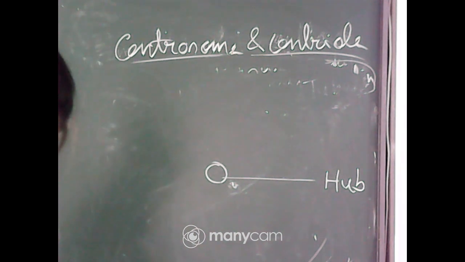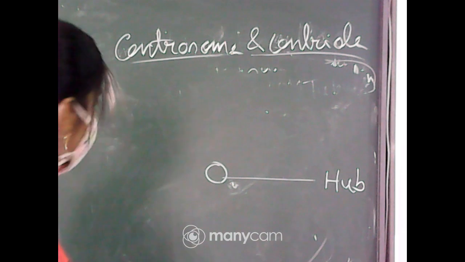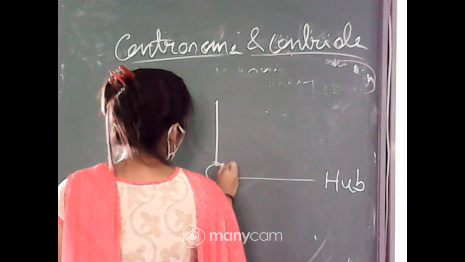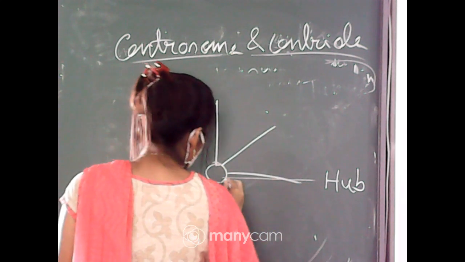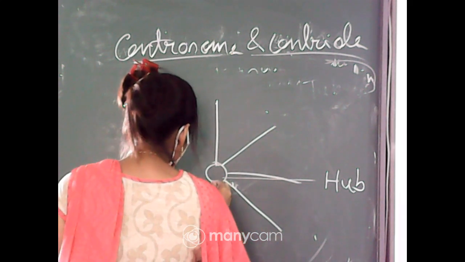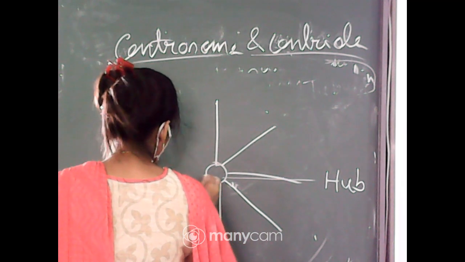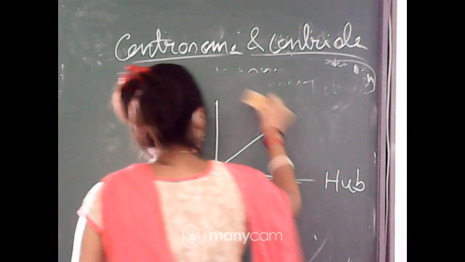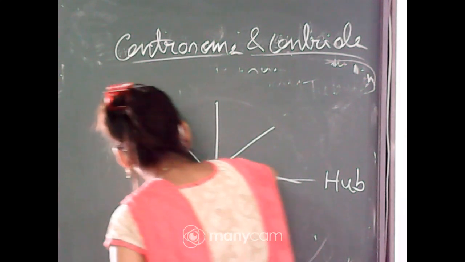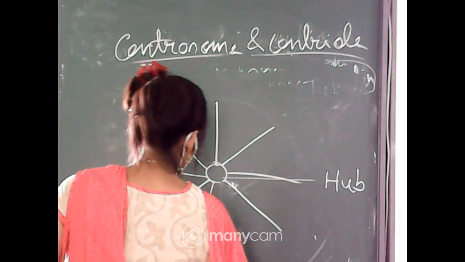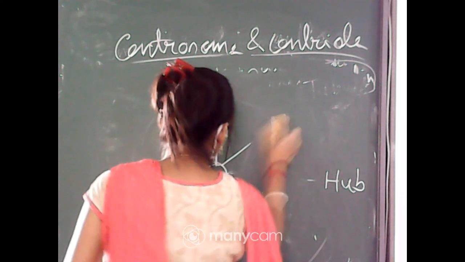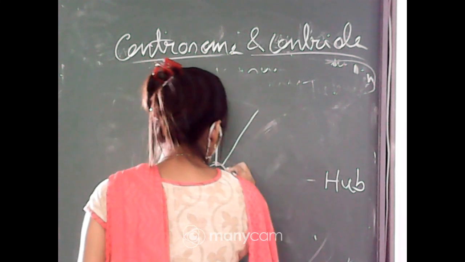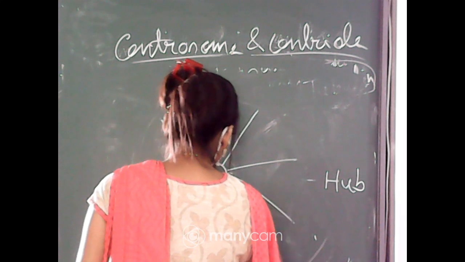Now we have to draw the 9 triplets, like that: 1, 2, 3, 4, 5, 6, 7, 8, 9.